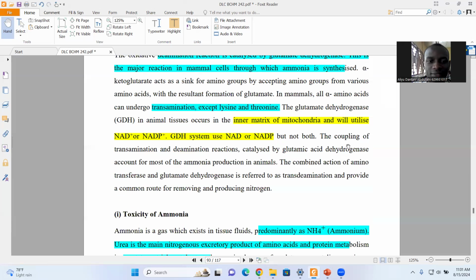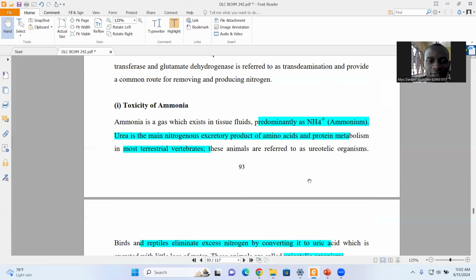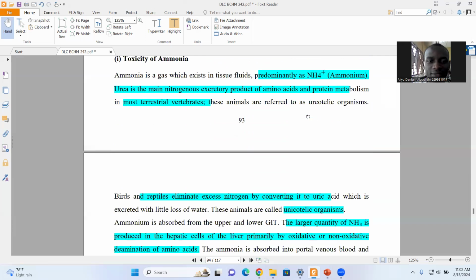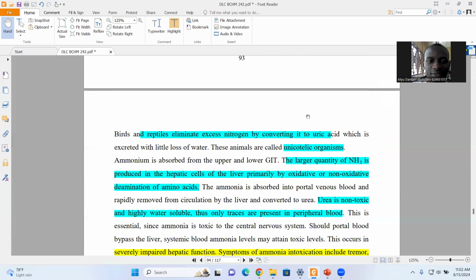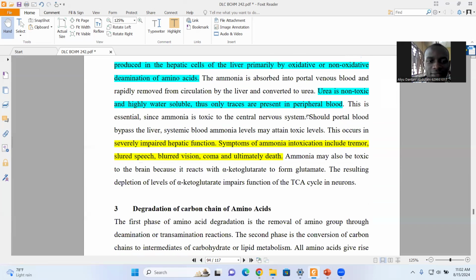The coupling of transamination and deamination reactions, as catalyzed by glutamic acid dehydrogenase, accounts for most of the ammonia production in animals. So I think this is self-explanatory. Of course, you know how toxic ammonia is, so that's why it's immediately converted to urea, which will leave the cell. These are things you can read yourself and understand.